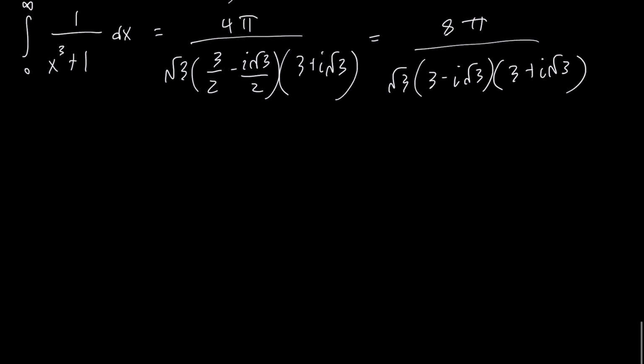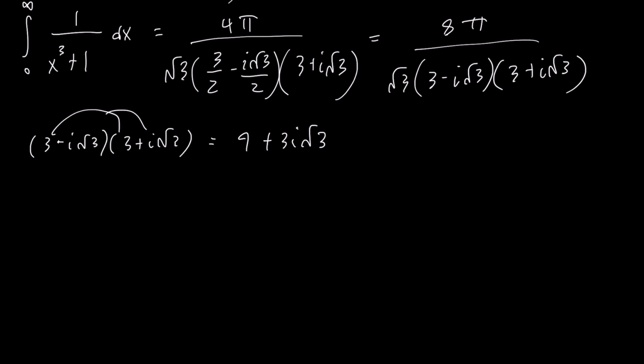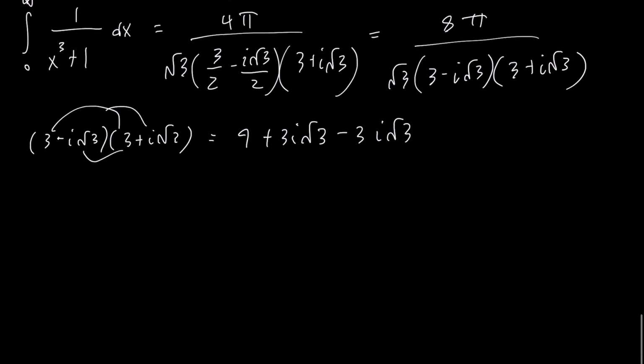So now all that's left over is to multiply these complex numbers. So 3 minus i times the square root of 3 times 3 plus i times the square root of 3. So we're going to have a 9 plus 3i times the square root of 3 minus 3i times the square root of 3 minus i squared times the square root of 3 squared.